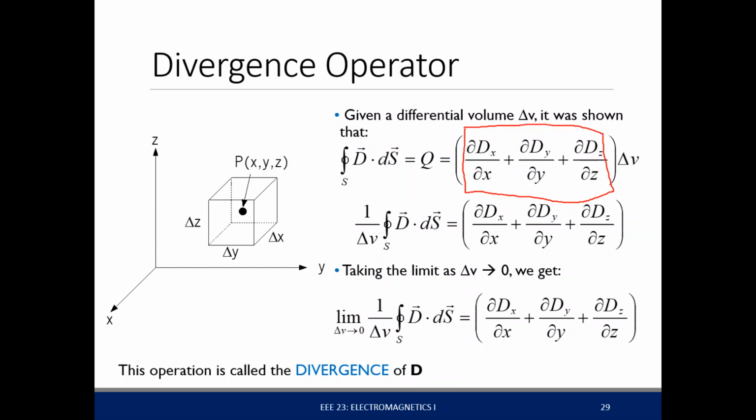Okay. So now the term inside, the weird term inside, is actually called the divergence of your vector field D. The formal definition of which is this. So if we divide both expressions by delta V, we get this divided by delta V, and we take the limit as delta V approaches 0. So that means we're enclosing this point into a very small volume.